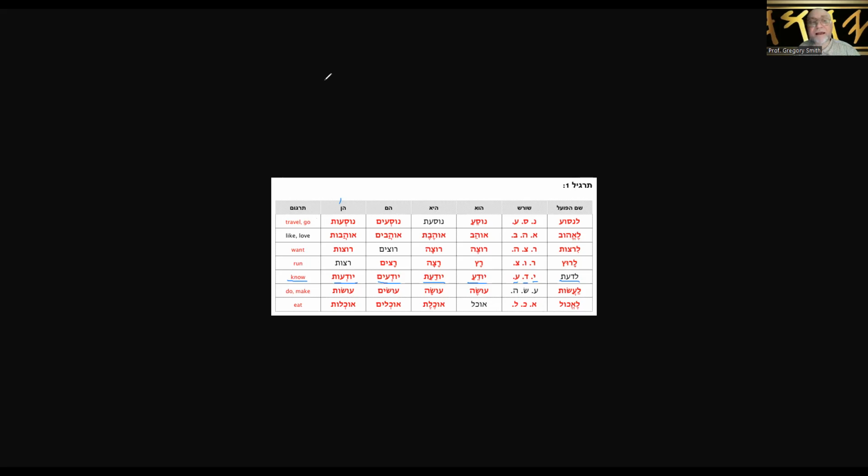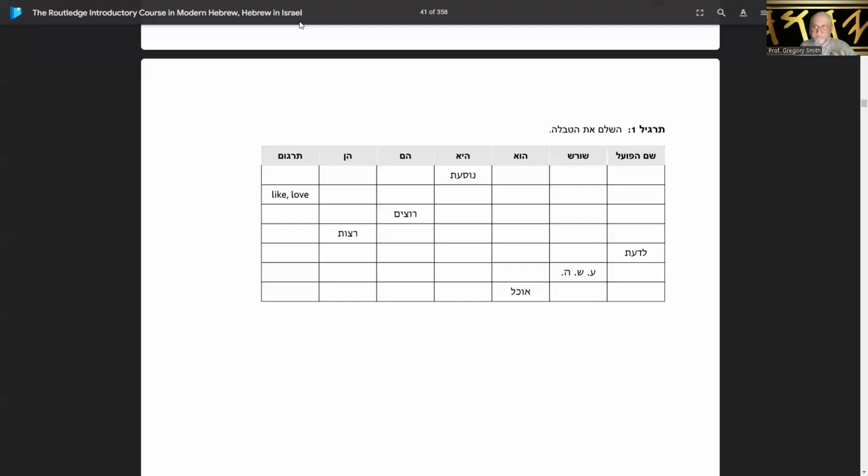So why labor over this like this? Because if you want to know something, then it's worth putting the effort in to get every little detail to understand how the language is operating.